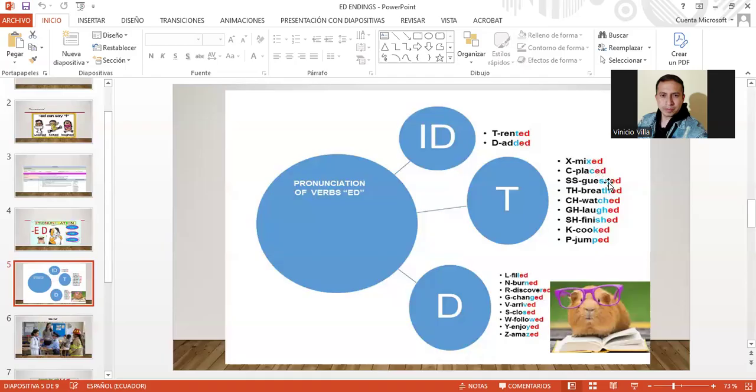We can see X, C, S, H, K, and P. So the words that finish in these letters need to be pronounced using a T sound instead of the ED letters. How, teacher? Like the following examples. For example, mix is simple present, and mixed simple past.